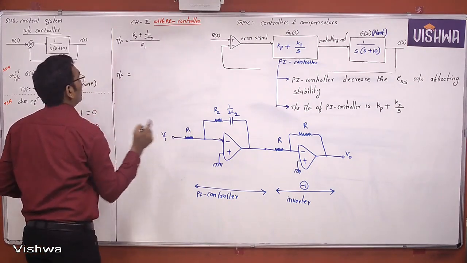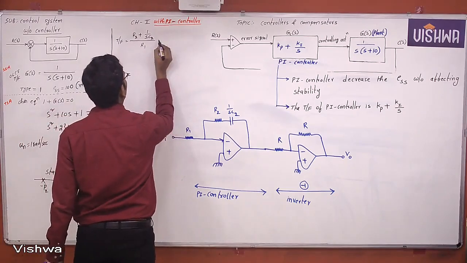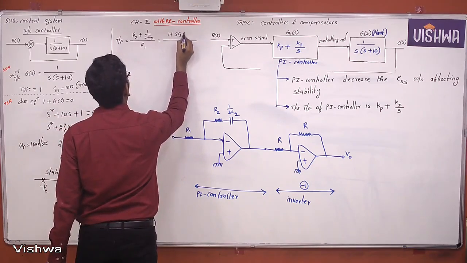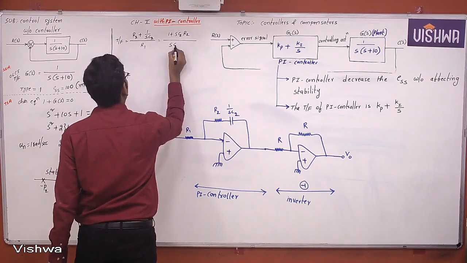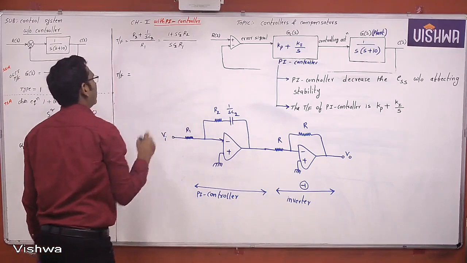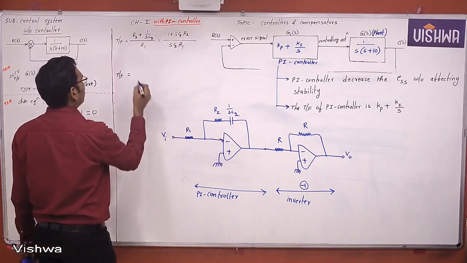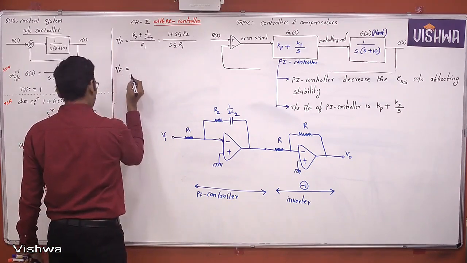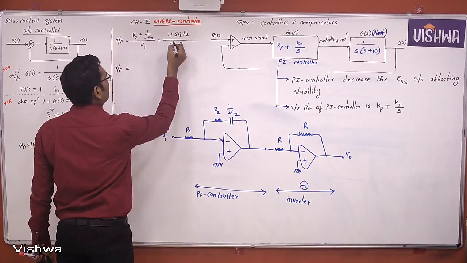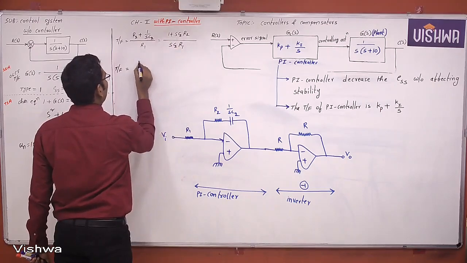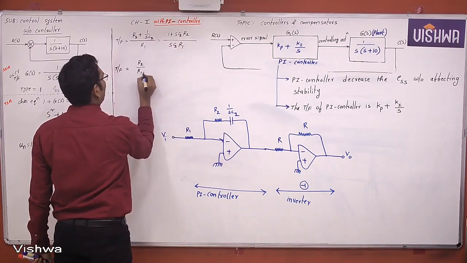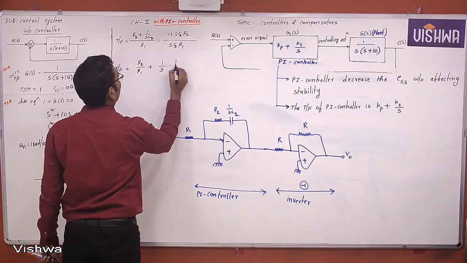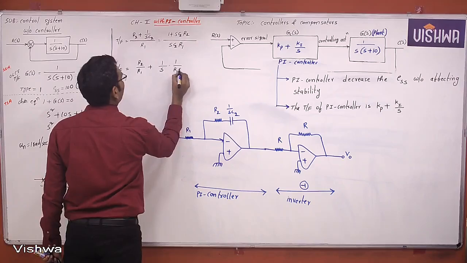So what is this? This is nothing but 1 plus SC2 R2 by SC2 R1. Then you just simplify that circuit. So the transfer function is nothing but SC2 cancel, R2 by R1 plus 1 by S into 1 by R1 C2.